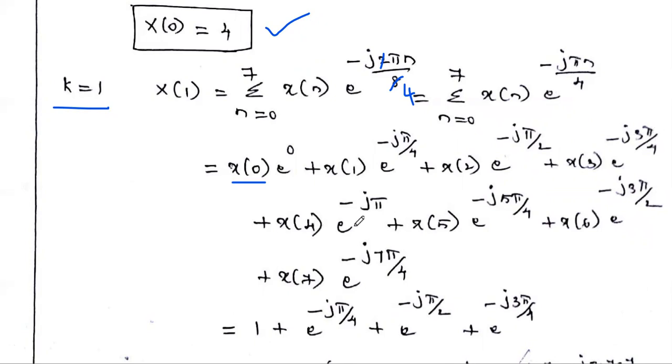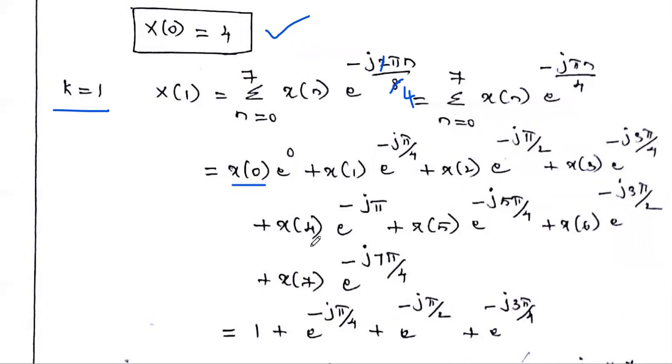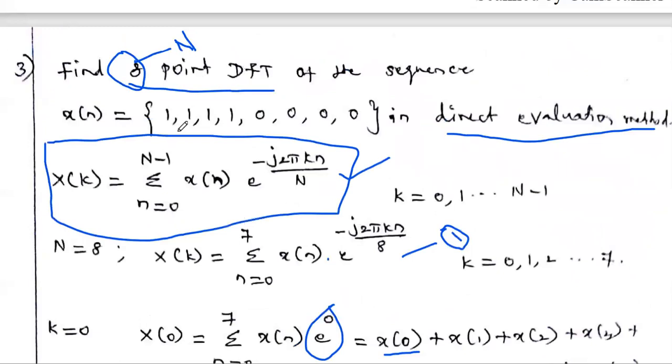Similarly, x of 4 into e power minus j pi, x of 5 into this thing, x of 6 into this thing, and x of 7 into this thing. In the given sequence, the first 4 samples have the value 1. The next 4 samples, that is x of 4, 5, 6, 7, are 0.